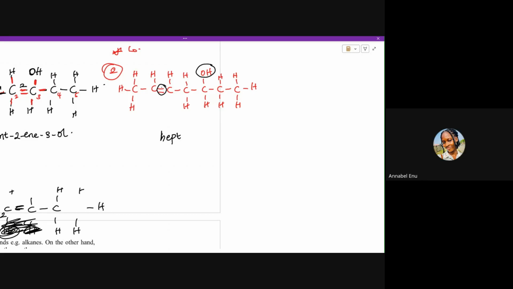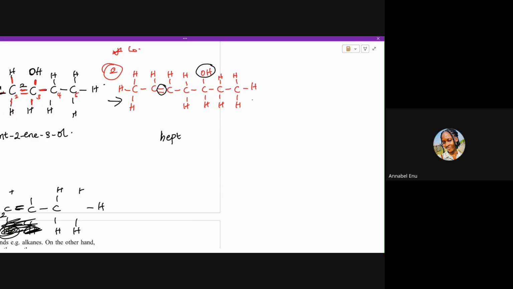What position are they in? Since the OH group, the alcohol, is the one with more priority, when we are numbering the longest carbon chain, we should number from the side that favors alcohol. That is from the side that gives us the smaller number. So we must not number from here.